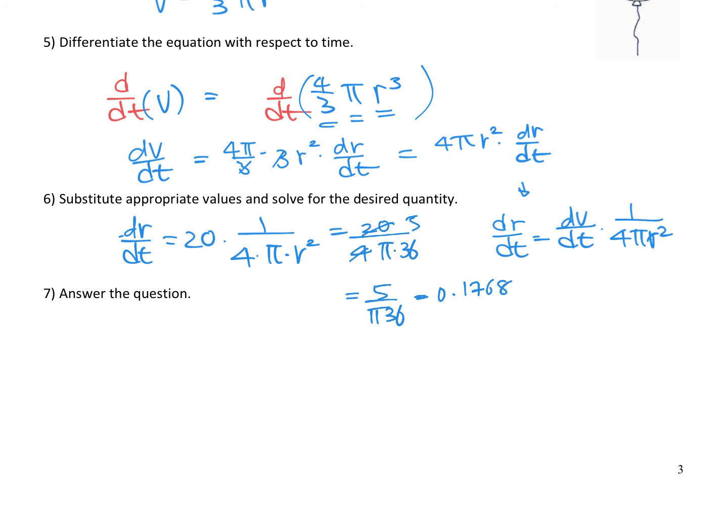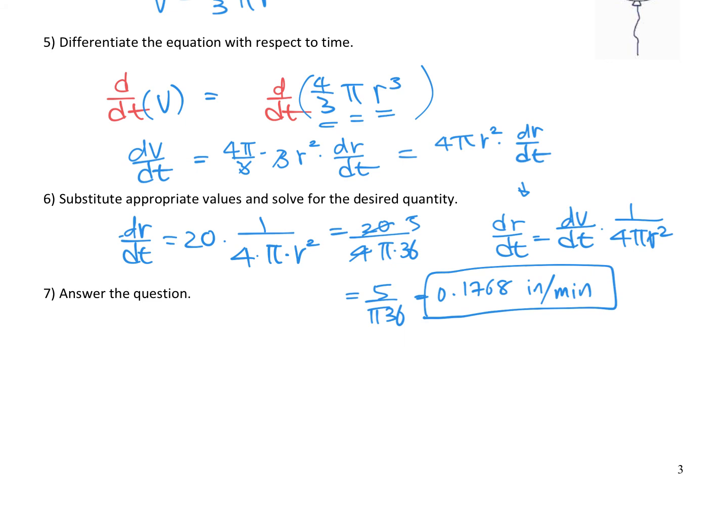Here we're talking about radius, so that's in inches per minute, and the time is a minute. So if you pump in air 20 cubic inches per minute, the radius is going to change 0.1768 inches per minute. So that's my answer.